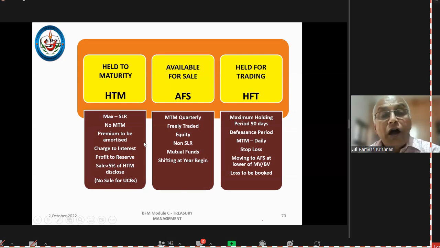Okay. Now, the investment portfolio of any bank has to be categorized.